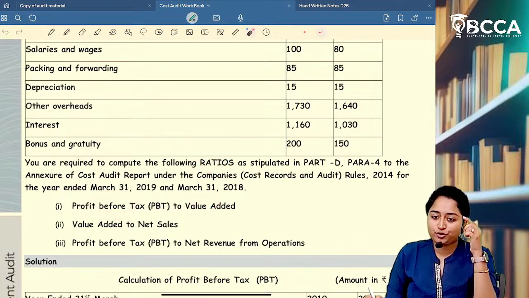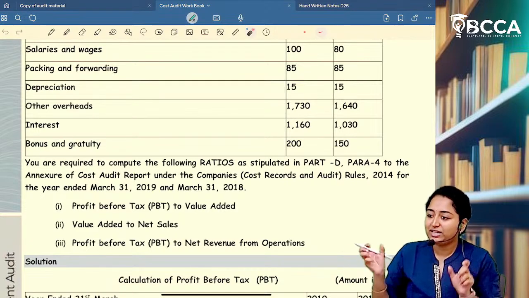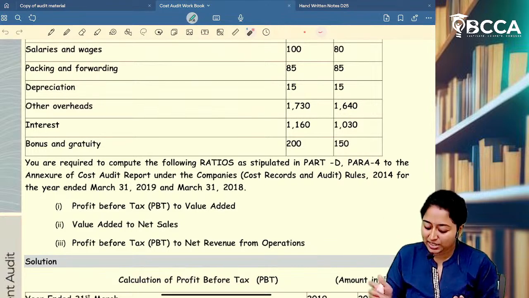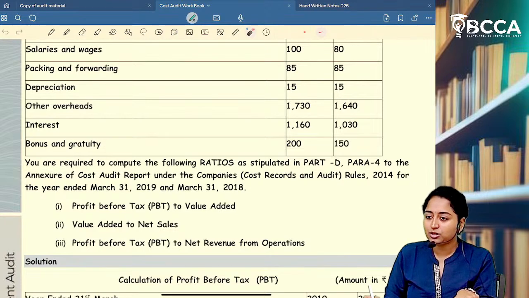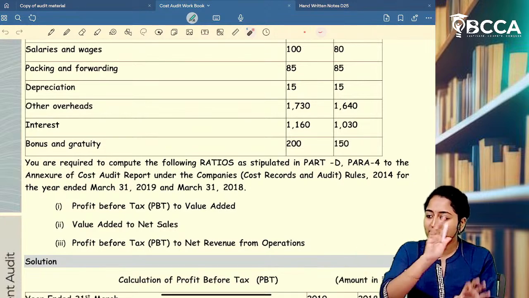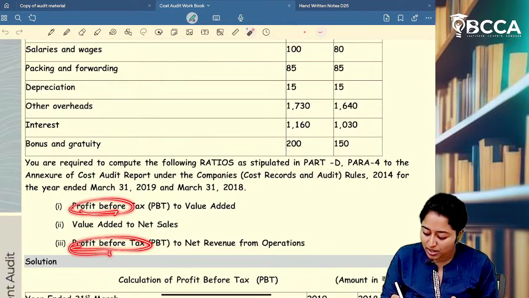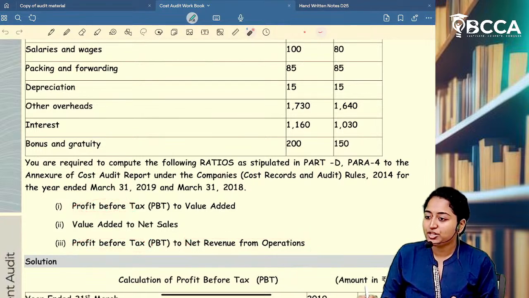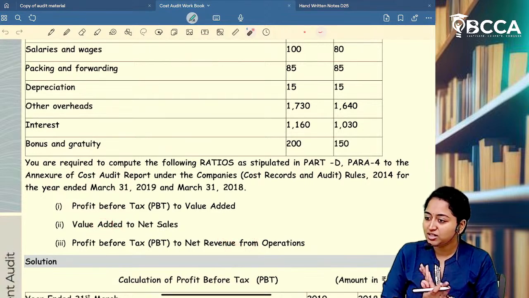First we have to do the profit before tax statement, and then the statement of value addition. Both totals we will take and do the ratio for that. And value added to net sales: the value addition statement will also give net sales, which is already given in the question. And then profit before tax will be done in the above, and net revenue from operations. Net revenue from operations and net sales are both the same. Okay, clear? Shall we do it now?